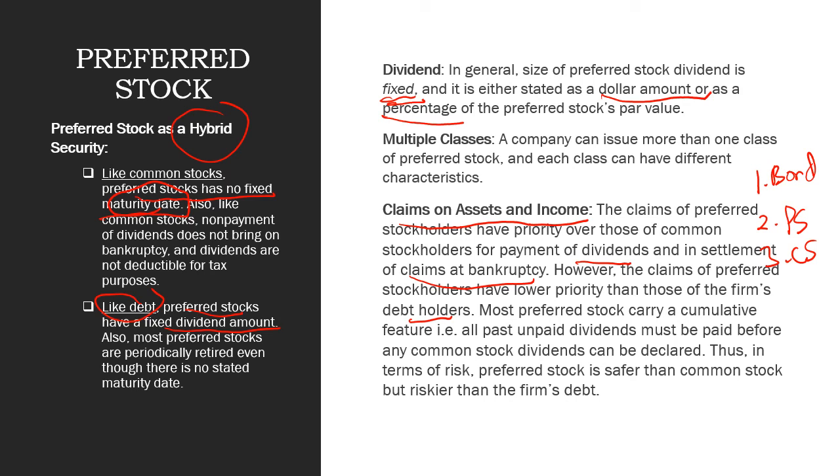So what happens is that for the next year, if the company is recording a positive profit, the company must first pay the preferred stock dividends, including the previous dividends that were not paid during the loss-making financial years.